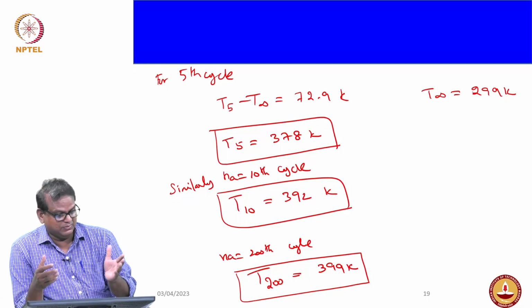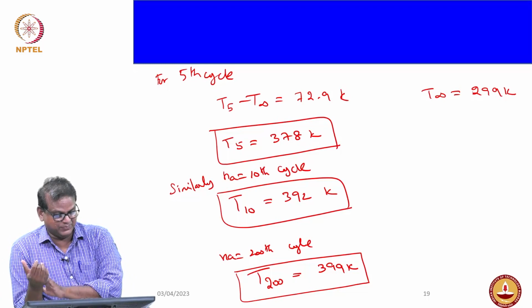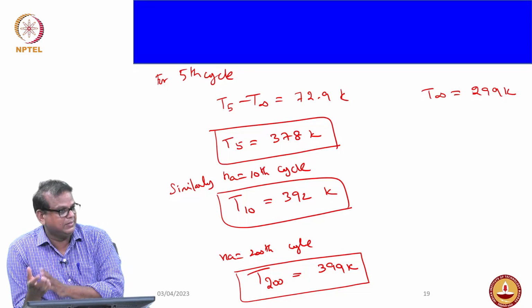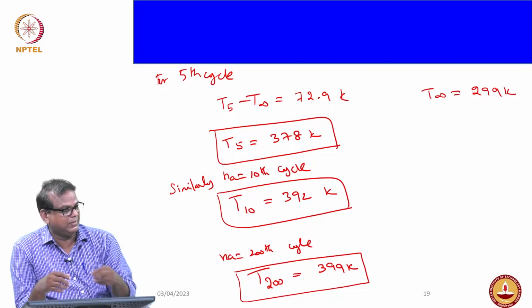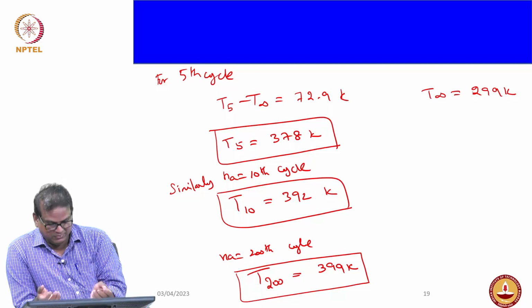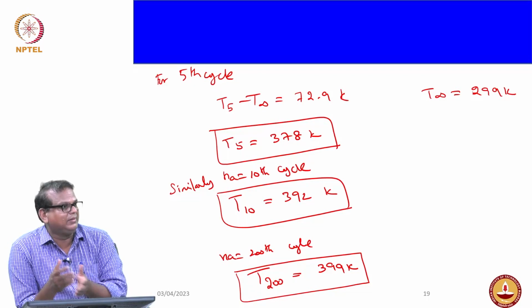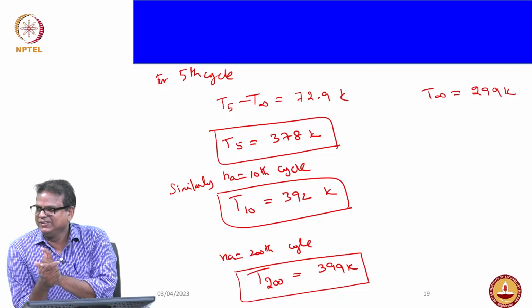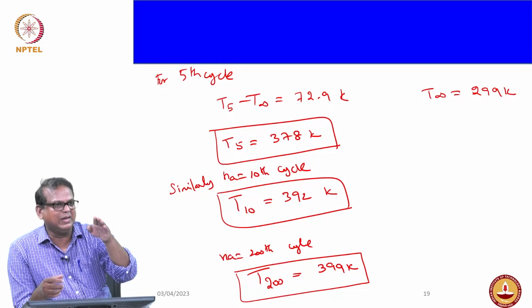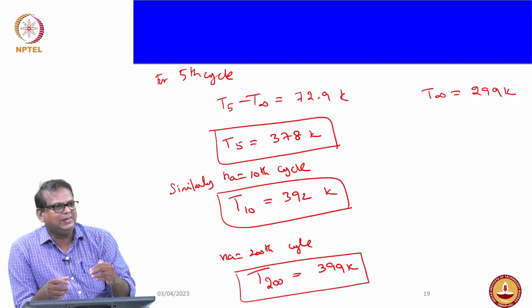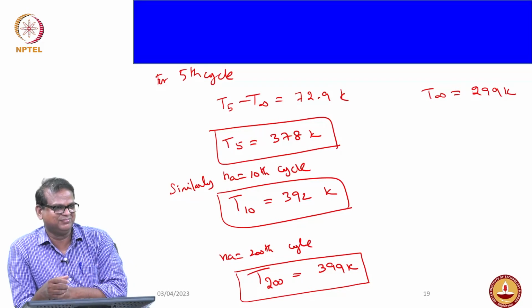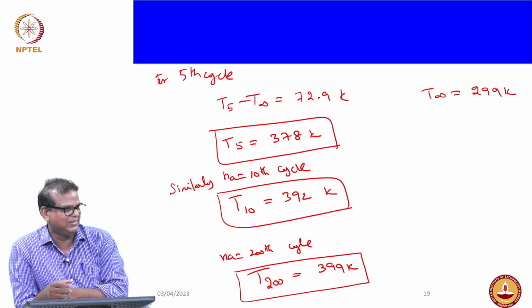So even though you do it repeatedly, the maximum is already achieved within a few cycles. Then you will ask the question, why is it not increasing? Obviously you are allowing the cooling time. So understand now, the cooling time takes place to maintain whatever maximum temperature is attained in the brake.